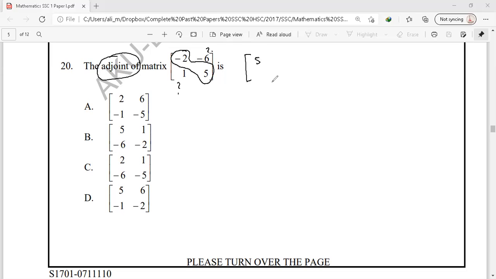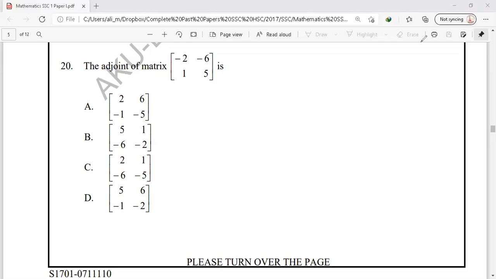So let us interchange these diagonal elements 5 and minus 2, and for the remaining elements, upper and lower diagonal, the sign of these elements would be changed. So minus 6 would become plus 6 and plus 1 will become minus 1. So the correct option in question number 20 is option D. That is the correct answer for this question.